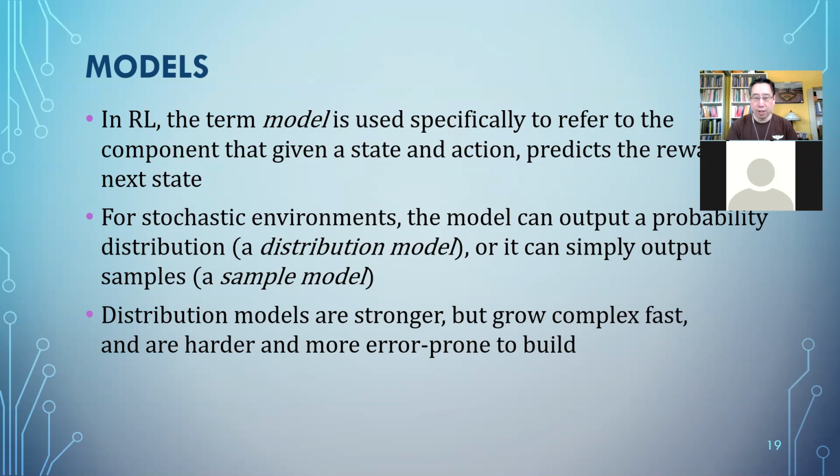But many situations obviously have some variability in where you're going to wind up. If that's the case, then in your model you can do one of two things. You can have a distributional model where you're tracking a probability distribution.